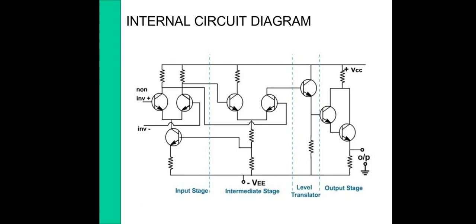Internal circuit diagram: the internal circuit diagram of the given IC is shown in the figure, where this is the input stage, intermediate stage, level shifting transistor, and output stage.